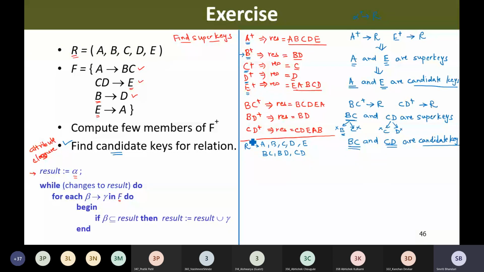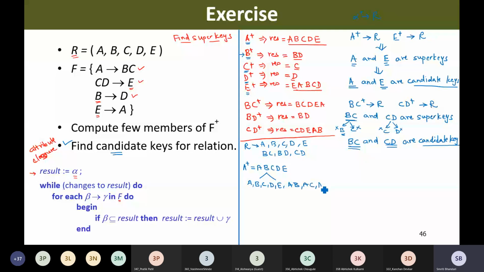Say for example, A plus we have computed as A, B, C, D, E. So we need to find out the subsets of this A plus. So I may have A, B, C, D, E, or I may have AB, AC, AD, AE, and so on. So lots of subsets I may have.